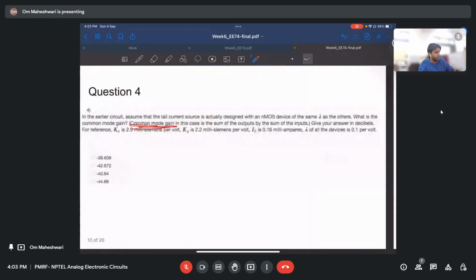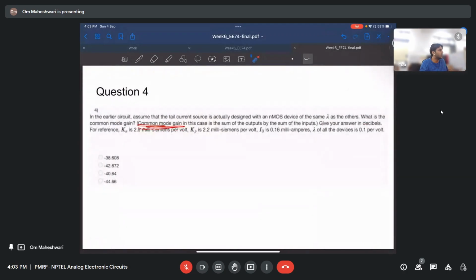So I'll just give a hint for question 4, because we have not solved any question related to the common mode gain. How do we solve for common mode gain? I'll just tell the method, then you can try it yourself.